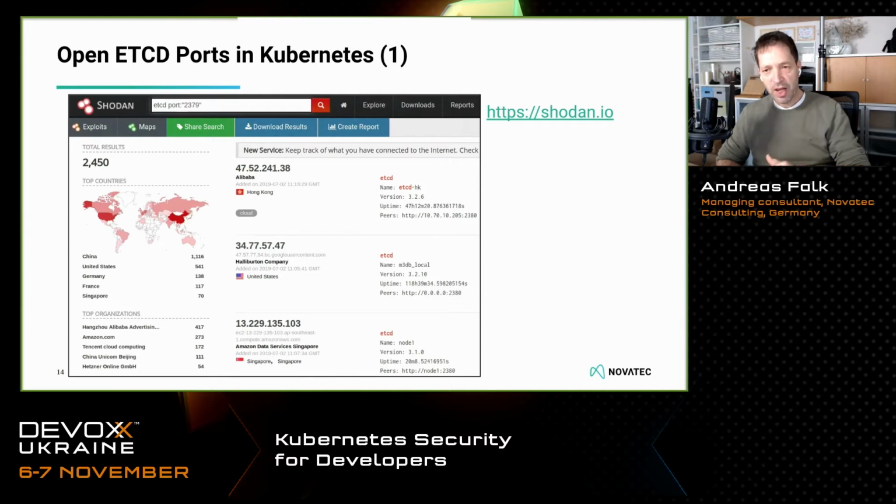One prominent page for hackers is shodan.io. You might know that already. And if you search for etcd ports, you will find lots of open ports inside Shodan that you can possibly attack and just grab the whole configuration, the whole credentials of that Kubernetes cluster.